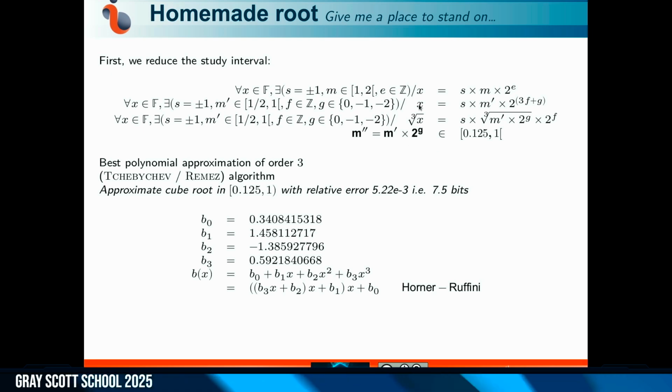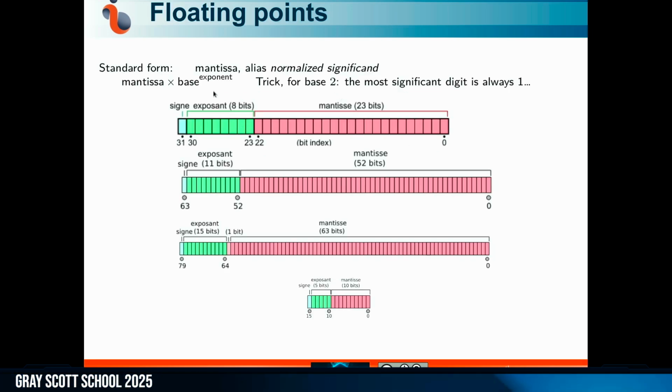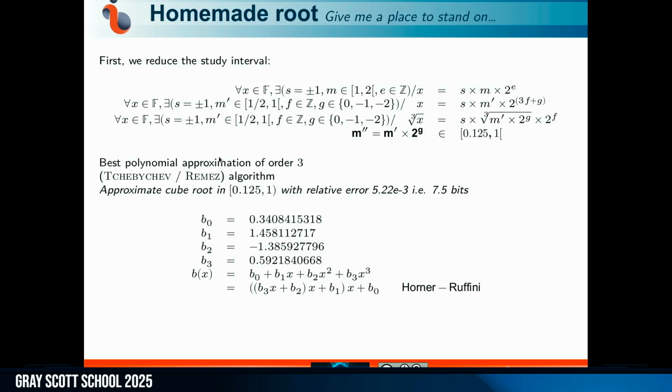So you can see that as the numbers that we have seen here have their exponent as a power of 2, you can check if the exponent is a multiple of 3, a multiple of 3 plus 1, or a multiple of 3 plus 2. And so you only need to evaluate your cube root between 1/8 and 1.